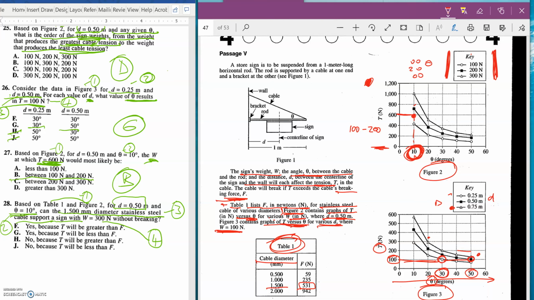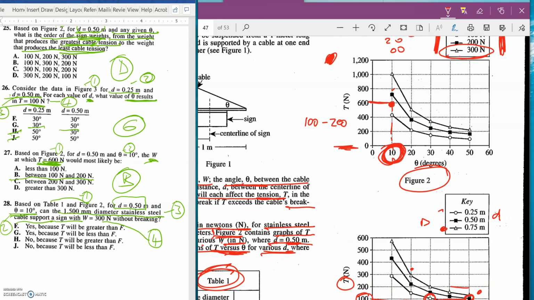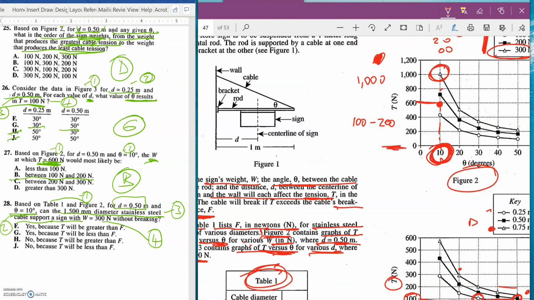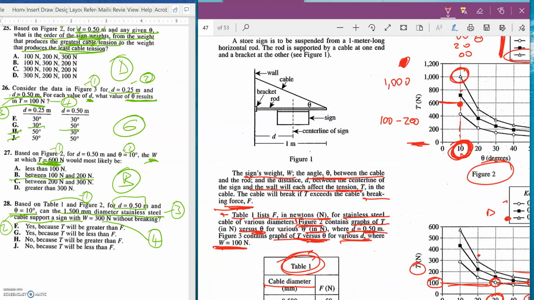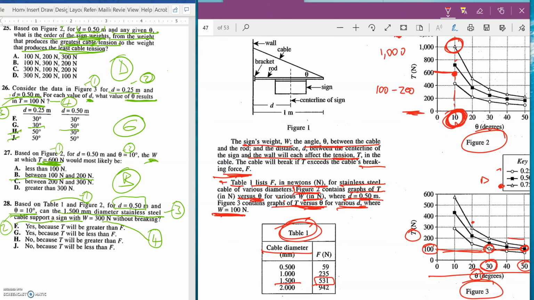So can that support a sign with a weight of 300N? So we look here and we see that 300N is the white triangle. Let me increase that a little bit. And the white triangle is way up here, so its tension is 1000. So I'm going to have to read a wee bit of this description here to find out when that is true.